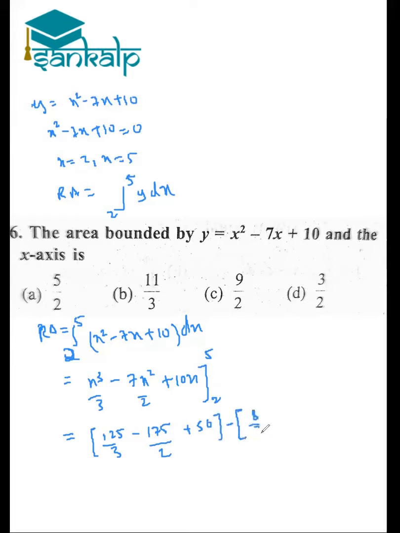So 8 upon 3 minus 2 square 4, it will be 28 upon 2 plus 20. So on simplifying the values, we get minus 9 by 2. The modulus value of minus 9 by 2 will be plus 9 by 2. So the required answer is C, 9 by 2.